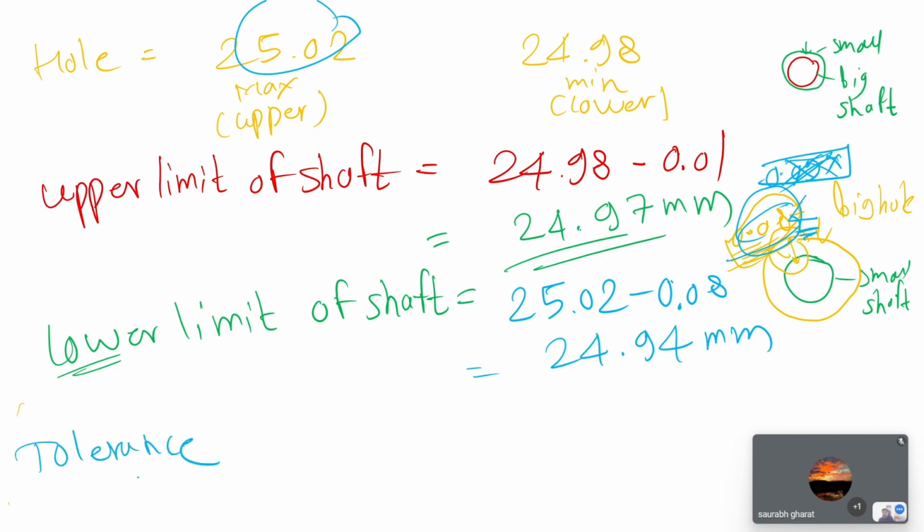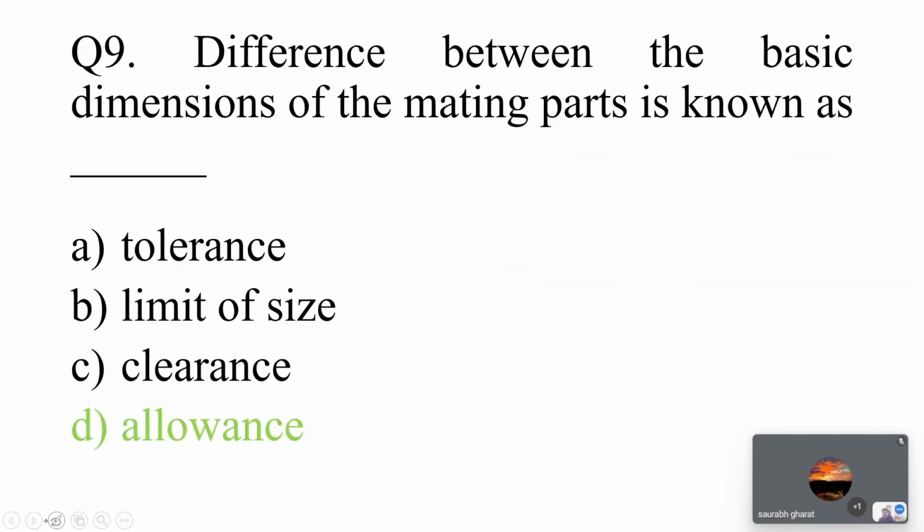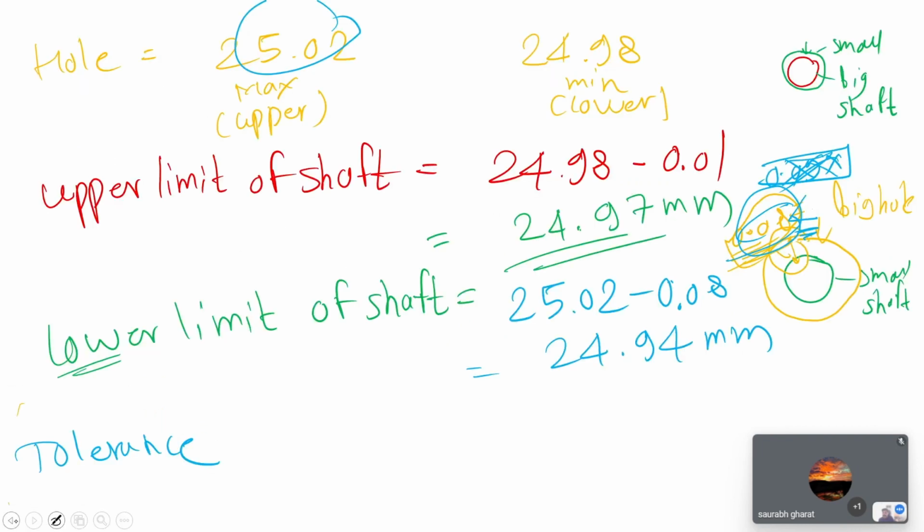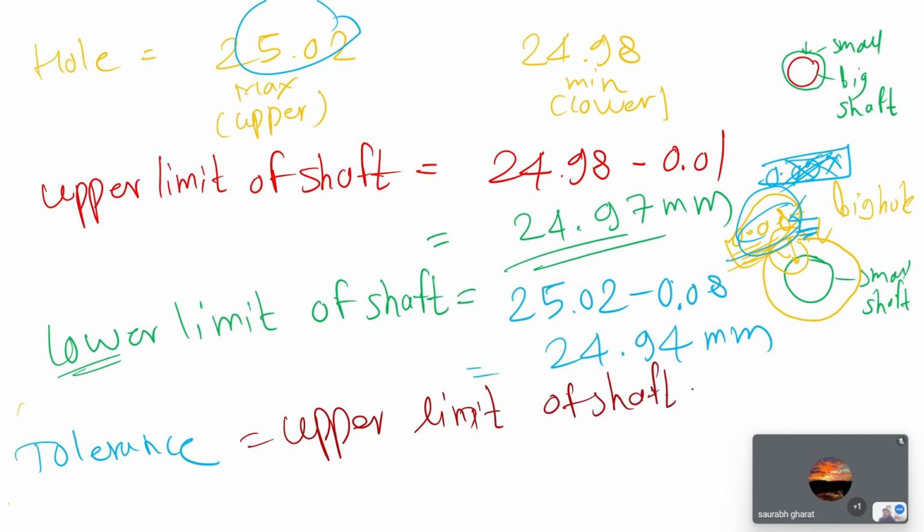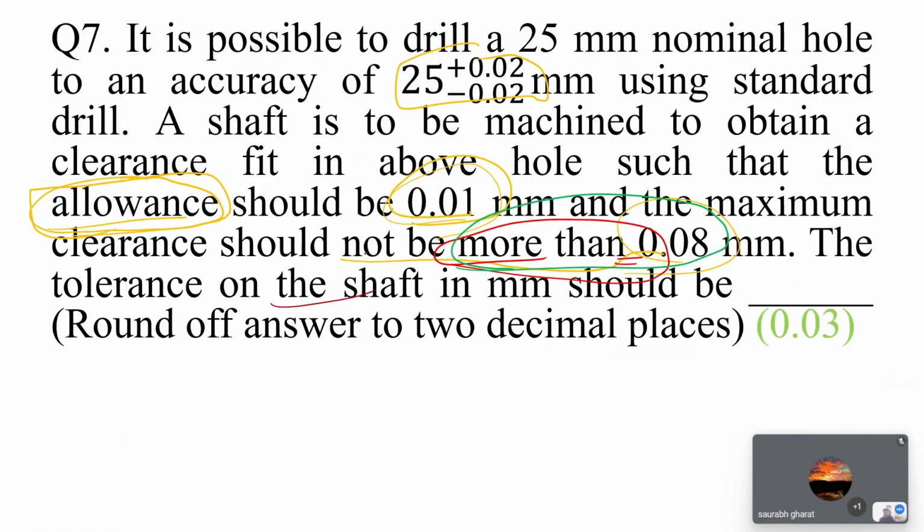And how can you get the tolerance here? Tolerance is equal to the upper limit of the shaft minus the lower limit of the shaft, because we need to calculate the dimension for the shaft.